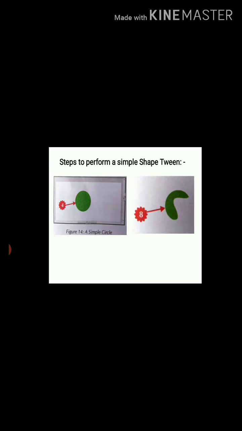Frames 1 to 12 will be selected. In the Insert menu, select the Classic Tween option. The animation is applied. These are the steps to apply a simple classic tween on an object.